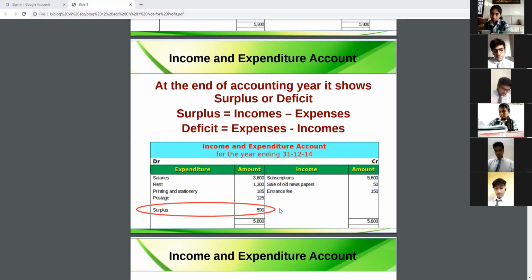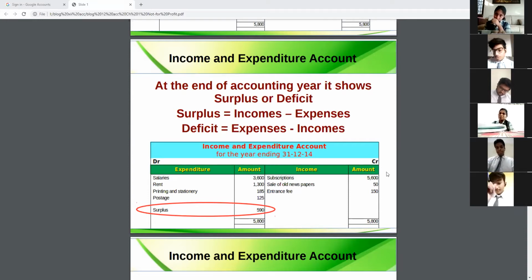As you learned in class 11, the profit and loss account shows net profit and net loss. Same in a non-profit organization: the income and expenditure account is prepared to know the surplus and deficit.